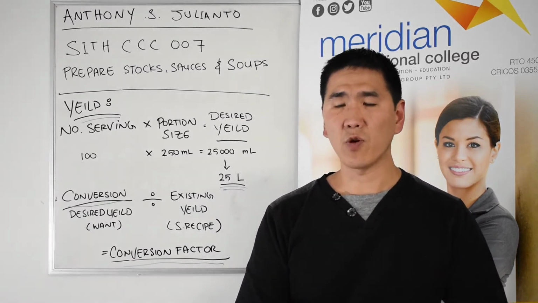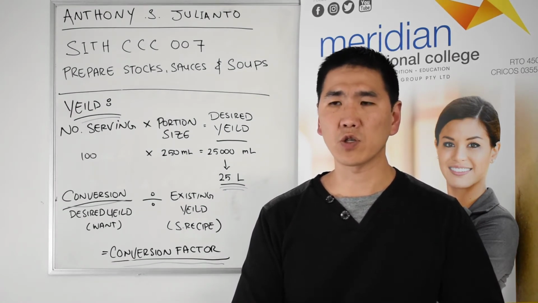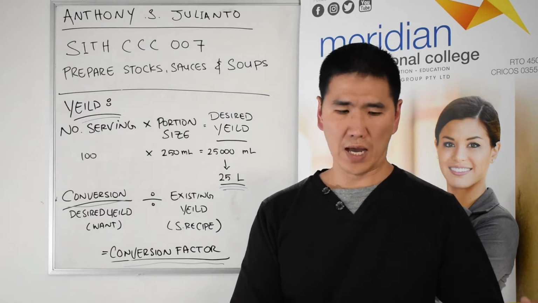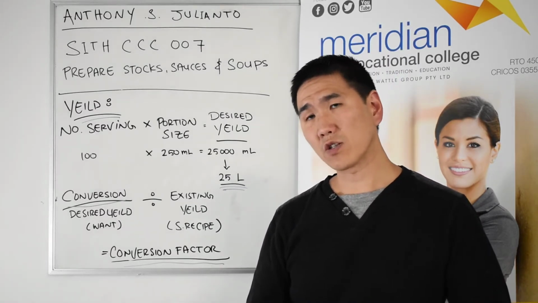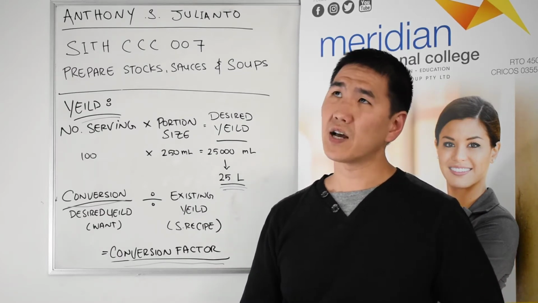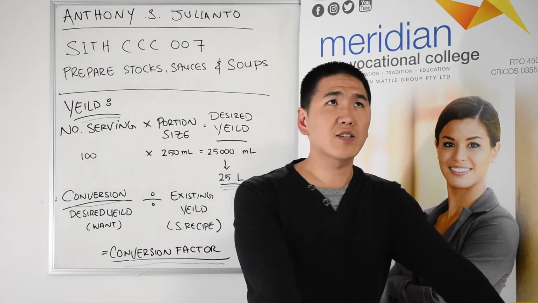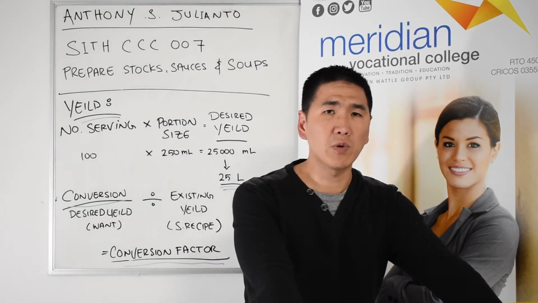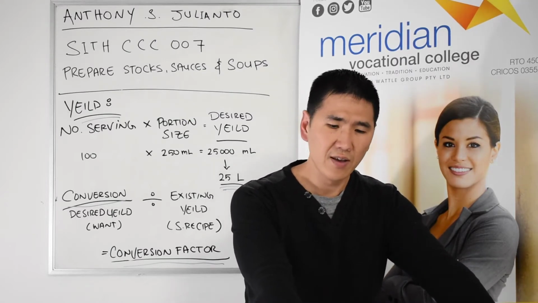As we mentioned before in the introduction, there are several stocks such as fish stock, beef stock, brown beef stock, white stock, vegetable stock, shellfish stock, game stock, dashi stock, or less common stocks such as possibly pork stock, but then again, if you go to Japan, pork stock is pretty common.